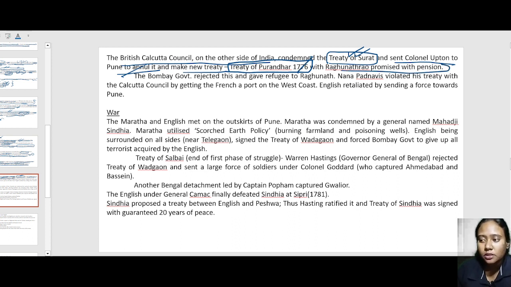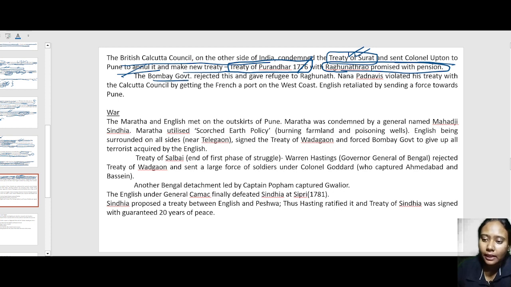Raghunath Rao was told to leave the throne and he would be given some amount as a pension.